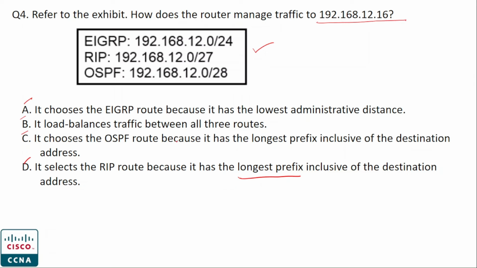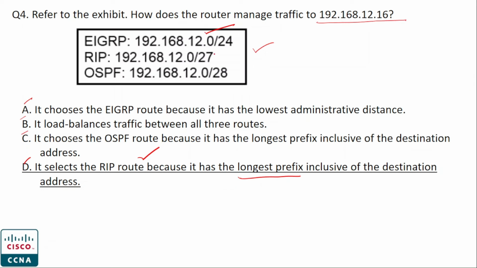And the correct option is option D, it selects the RIP route because it has the longest prefix inclusive of the destination address. So the destination address is basically 192.168.12.16. This destination address is included in this route.